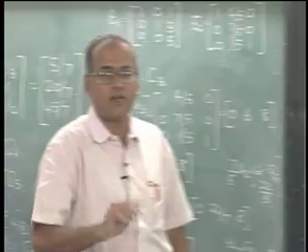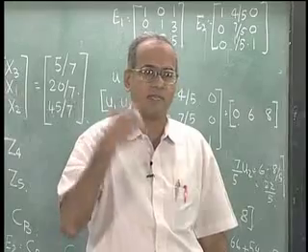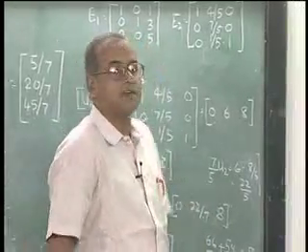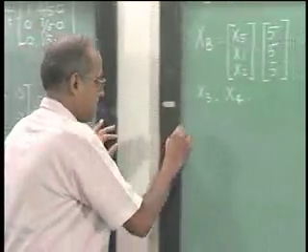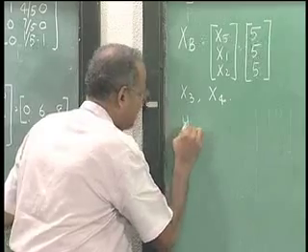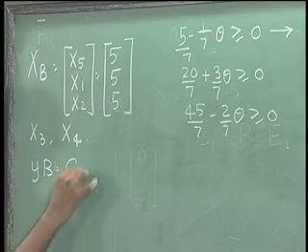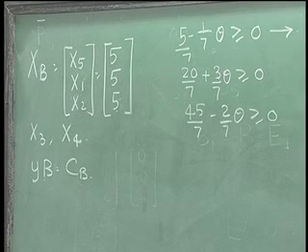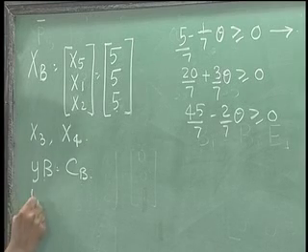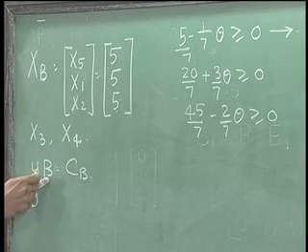And before we find out C3 minus Z3 or C4 minus Z4, we need to find out y, which is the value of the dual. So, yB is equal to Cb. Now, this B is called B3.